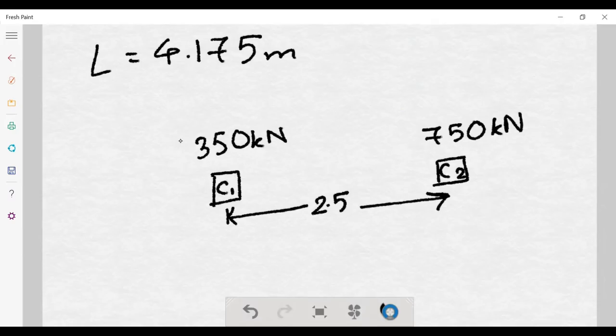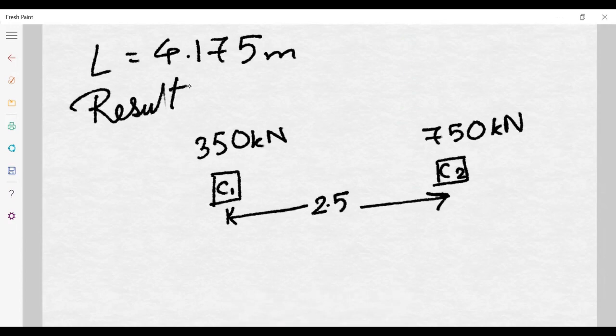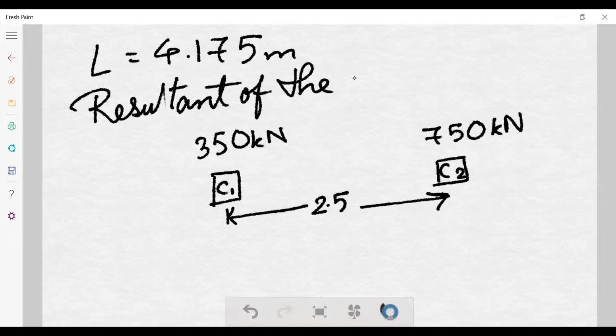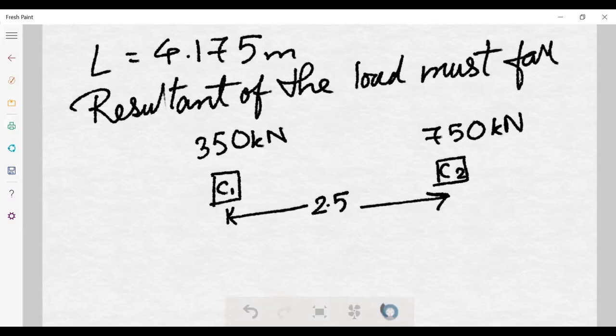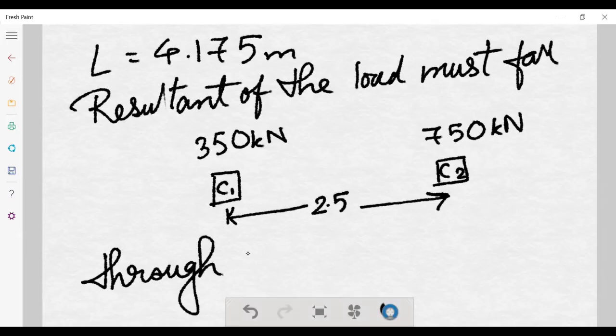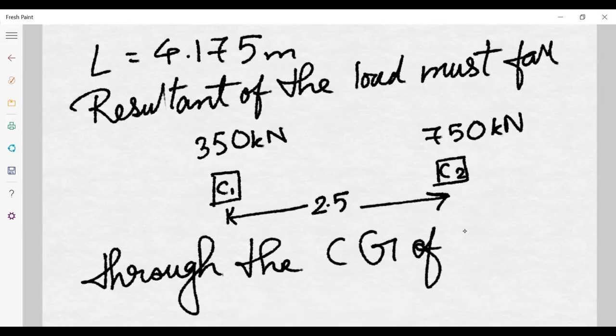The main thing I have to take into account while designing the footing is that the resultant of the load must fall at the CG of the footing.